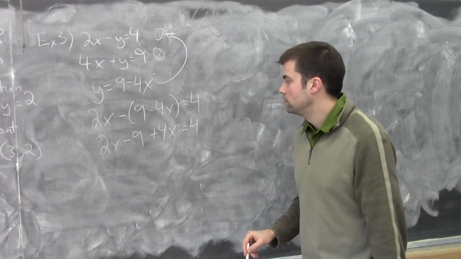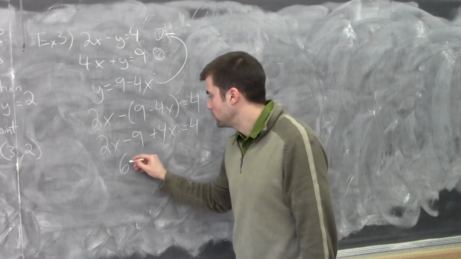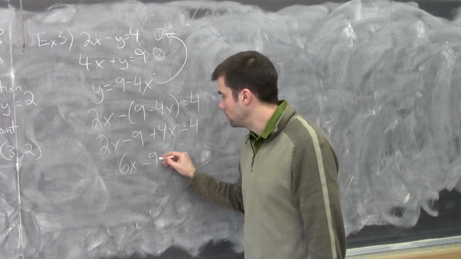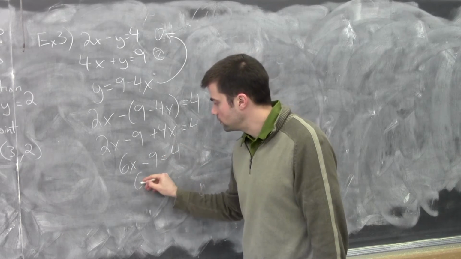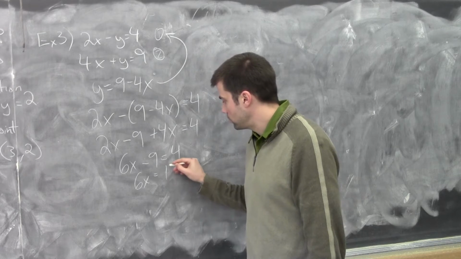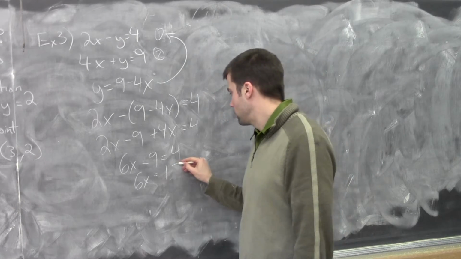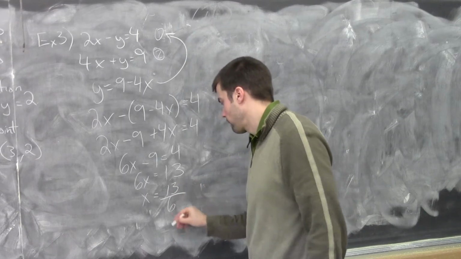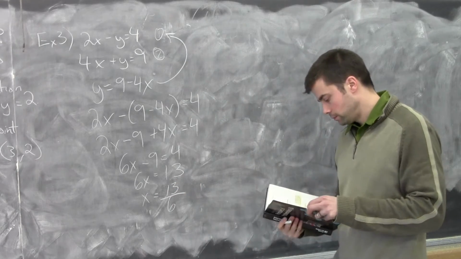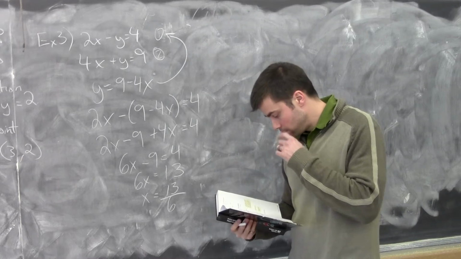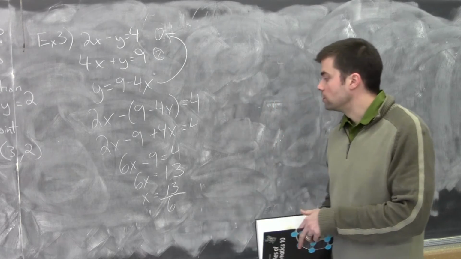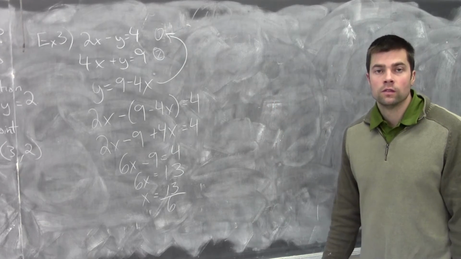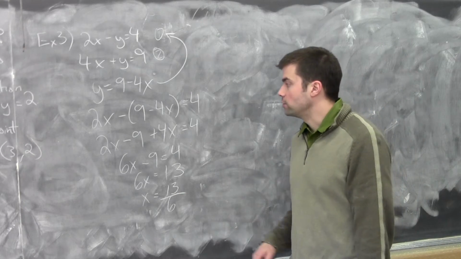So now we have 6x minus 9 equals 4. 6x equals 13. So x is 13 over 6. It's a fraction, that's okay, leave it in fraction form.